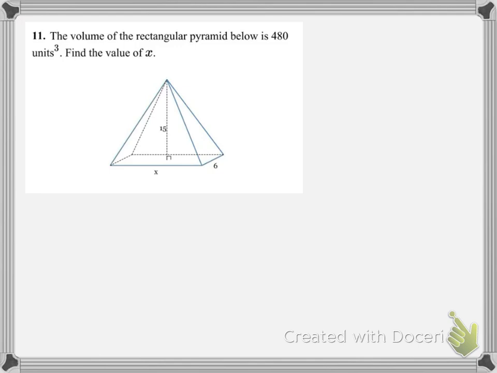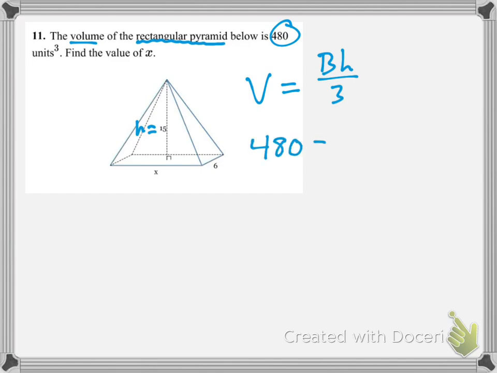Last one. Now we have to solve for x. It's a rectangular pyramid. The volume is 480. There's the height of the pyramid. So volume is area of the base times height divided by 3. So the volume is 480.